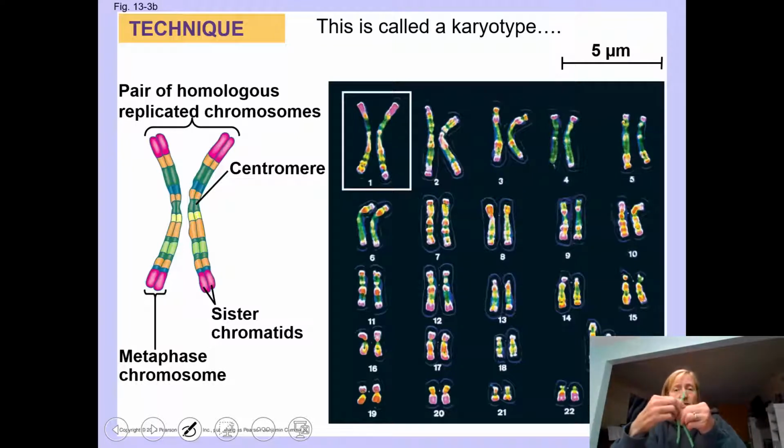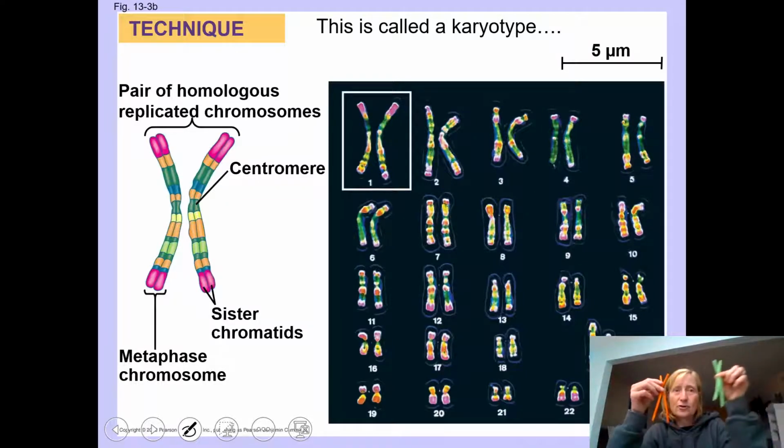So each chromosome looks thicker, okay? It's made up of 2 identical sister chromatids. Now, it turns out that humans have 2 sets of chromosomes. We have 2 sets of 23 chromosomes.